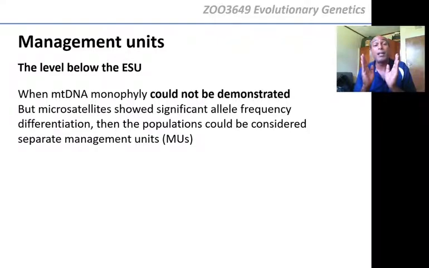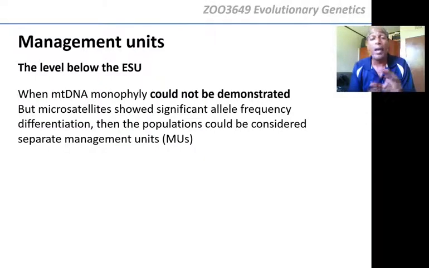Okay, but if microsatellites, which evolve much more quickly than mitochondrial DNA, tell you that there's significant differences in allele frequency, then that is telling you that recent gene flow has not occurred. Okay, but the fact that they're poly or paraphyletic in mitochondrial DNA says that, well, it could be that there was some ancient gene flow, or that the divergence has not been long enough for them to have evolved monophyly.